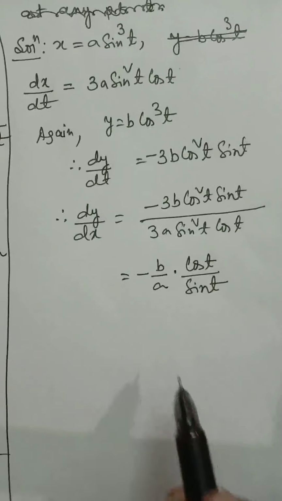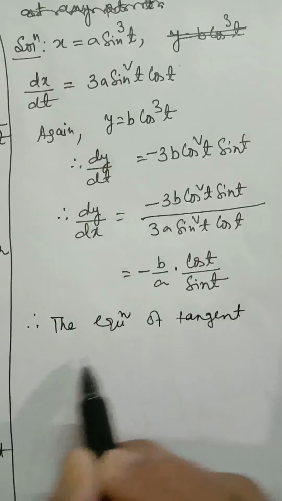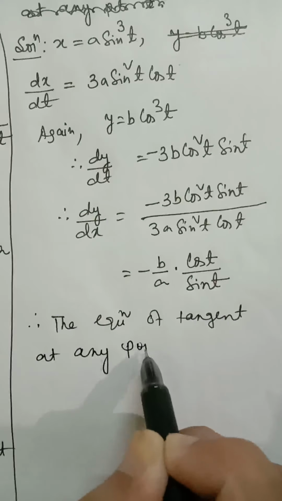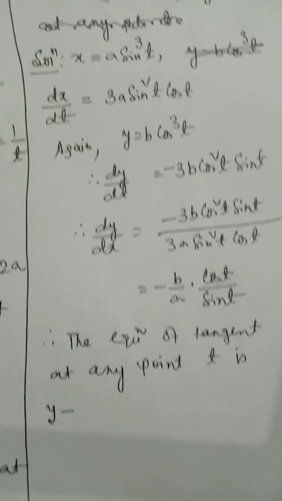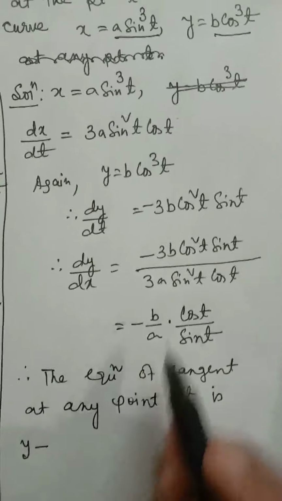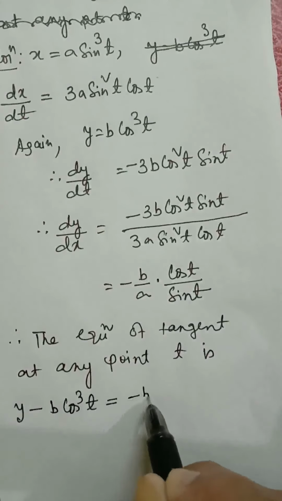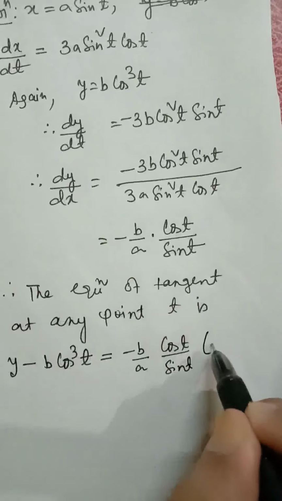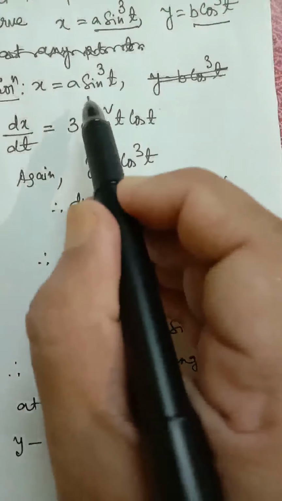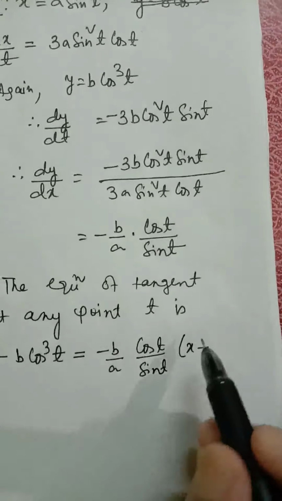Therefore the equation of the tangent at any point t is, we will consider x1 as a sin cube t and y1 as b cos cube t. So y minus b cos cube t equals dy by dx into x minus a sin cube t.